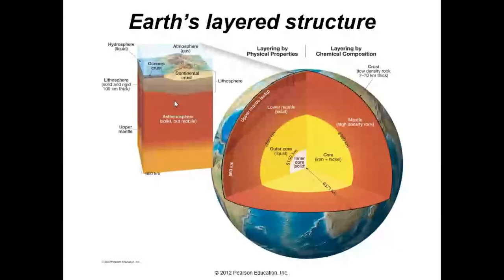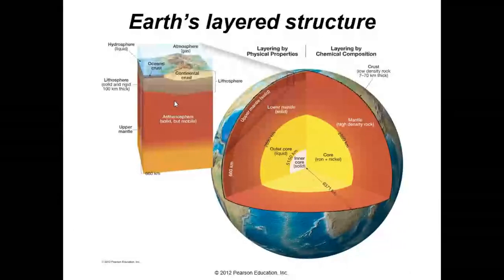It's very important, especially with plate tectonics, as we go to talk about that. Basically this asthenosphere is considered to be a solid but mobile medium. And I know that sounds contradictory.